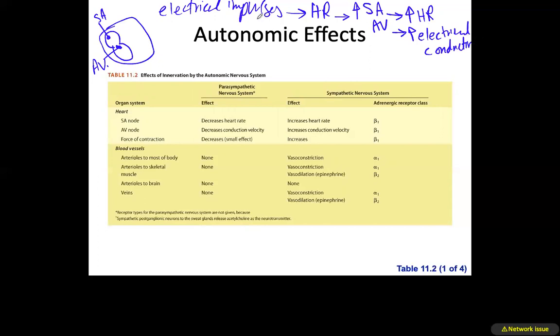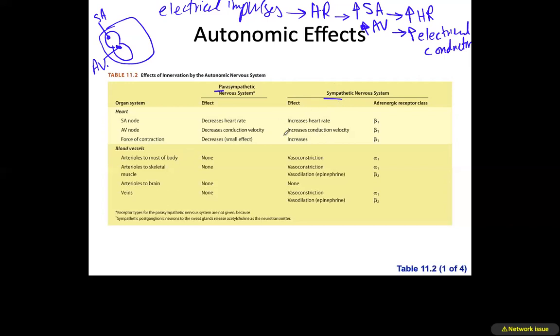Basically, if I want to increase my heart rate and the rate of electrical conduction within the heart, I'm going to target the SA node and the AV node. If I want to slow down the conduction and the number of heartbeats, then I will suppress or slow down the SA node and the AV node. So we are going to use these two resources, which create electrical impulses and set the number of heartbeats within your body, and control them using the sympathetic and parasympathetic branches.